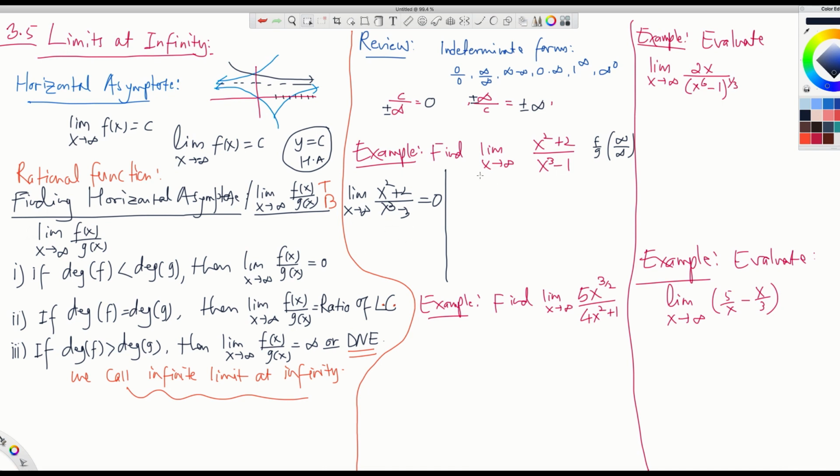The other way, without using this rule, is to look for what is common in the top and bottom terms. There is nothing common on the top because there is x square, there is 2, there is x cube, there is 1. But you can use a trick: limit as x tends to infinity. Let me take x square out from the top.